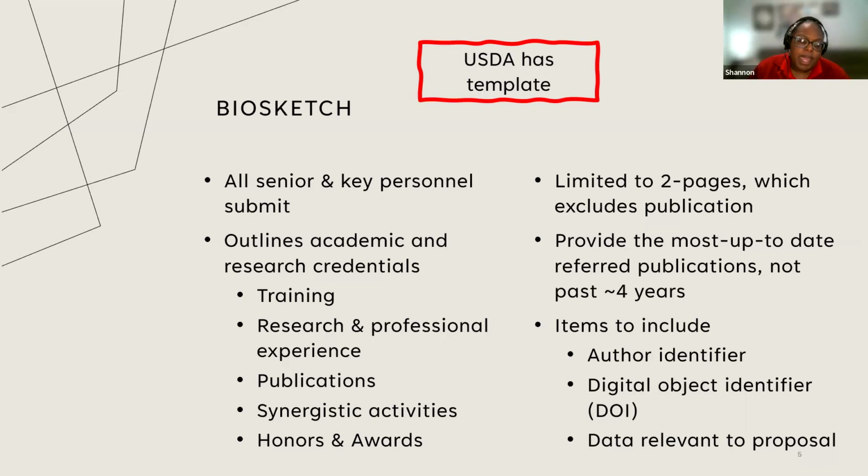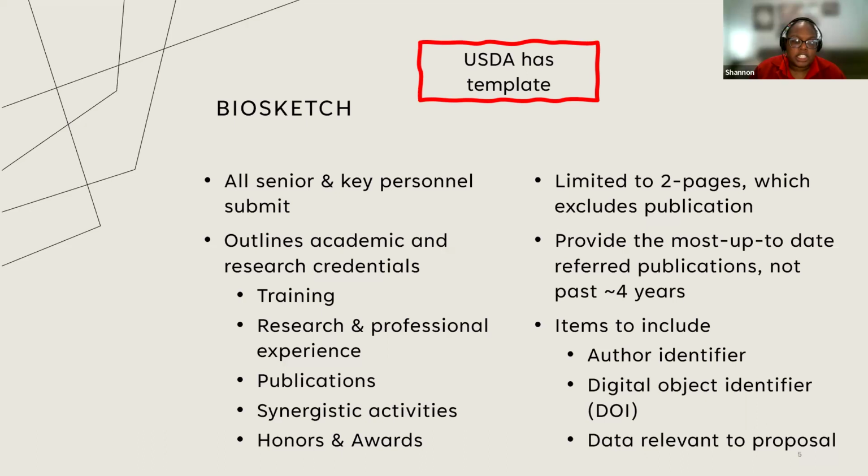Starting off with biosketch, all senior/key personnel, which includes the project directors, the co-PIs, senior associates, and professional personnel, including subawardee personnel, have to fill out such forms. The biosketch should present your academic and research credentials.